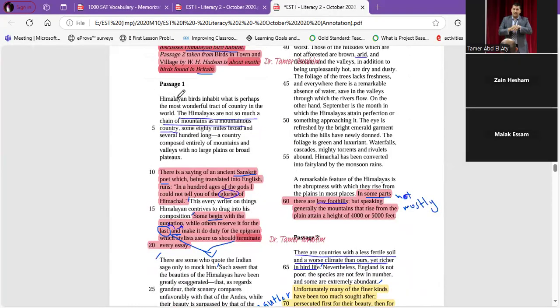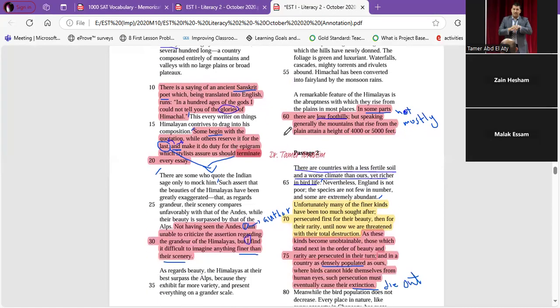He said here in the first paragraph, Himalayan birds inhabit what is perhaps the most wonderful tract of country in the world. Okay, the first sentence. Now the last sentence: the Himalaya are not so much a chain of mountains as a mountainous country, some 80 miles broad and several hundred long, a country composed entirely of mountains and valleys with no large plains or broad plateau.